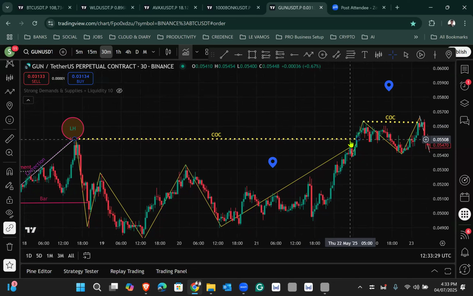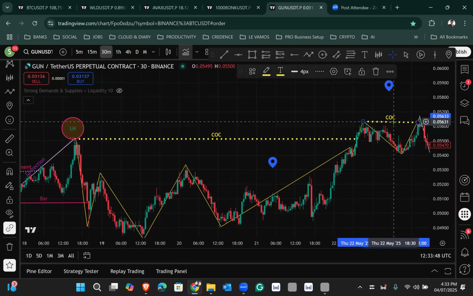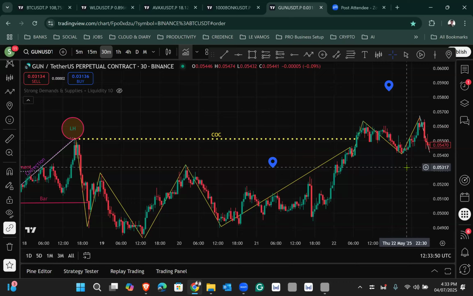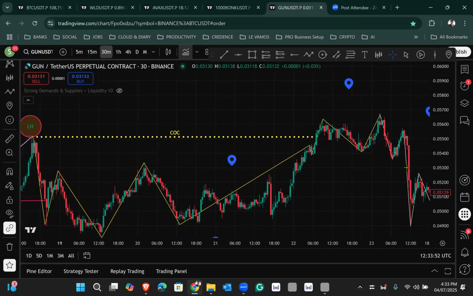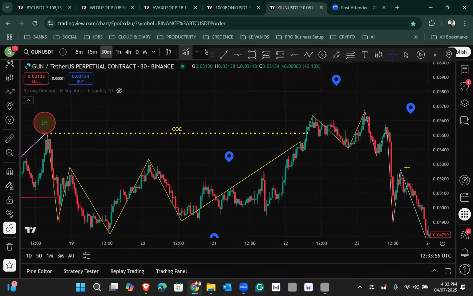Okay. So now, in this case, how will we draw the change of character? This draw is the correct one, or this draw is the correct one? The first one is correct. Okay, so should we delete this one? Yes, because it's one single impulsive move.